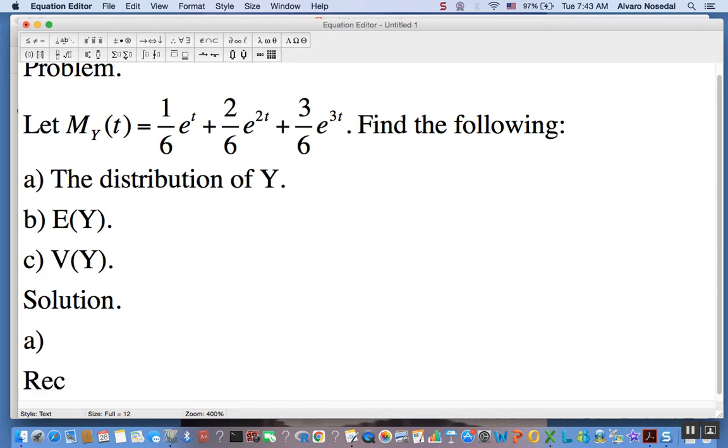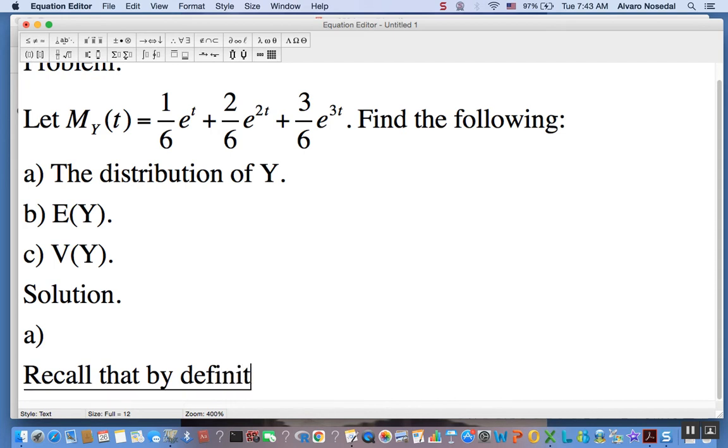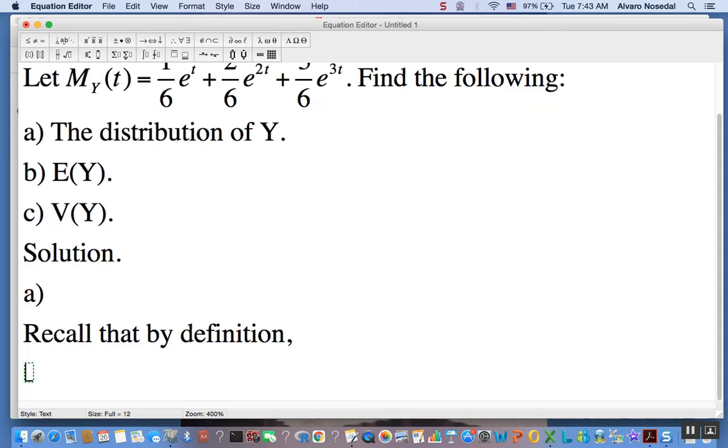Recall that by definition the MGF of y is given by a particular expected value, the expected value of a transformation: the expected value of e to the power ty.